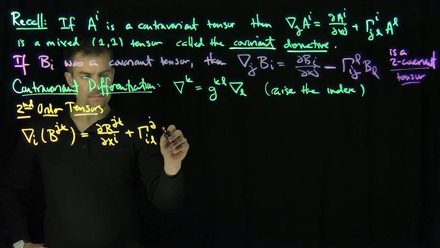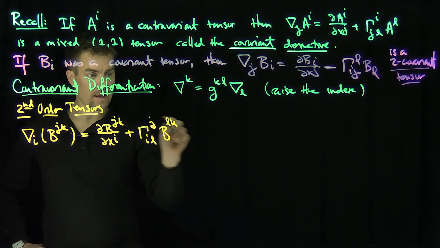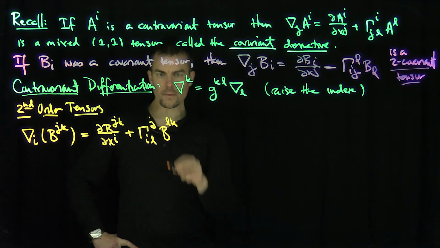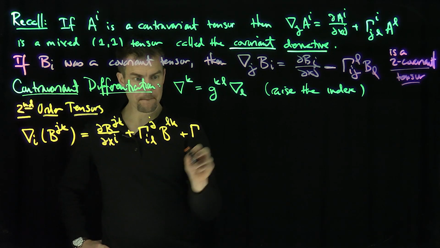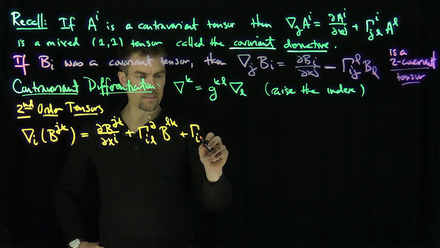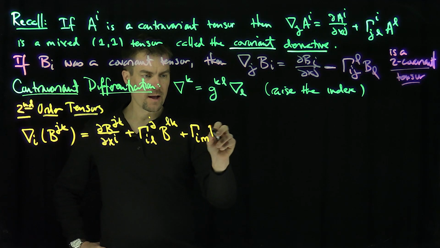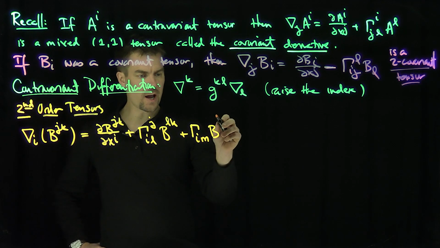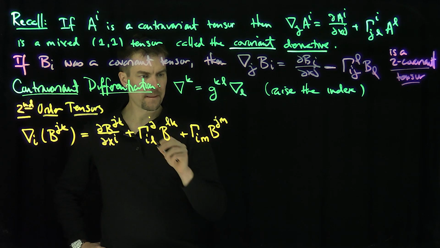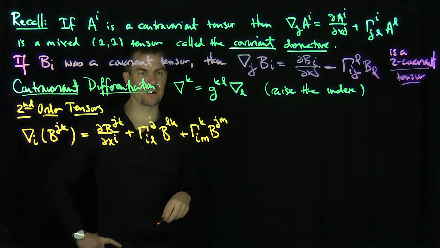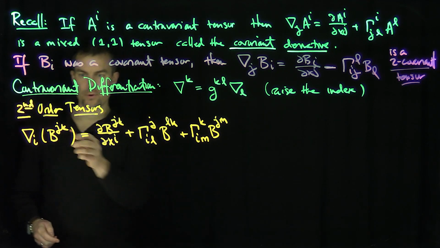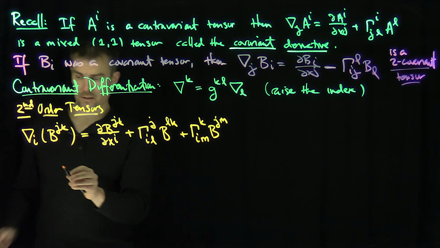Then I'll have a b^{lk}, plus Γ of i and a dummy index, which I'm going to call m over here. Then a b^{jm}. And what am I missing over here? I'm missing the k index, so the k index goes over here. That would be how you do a covariant derivative of a 2 contravariant tensor.